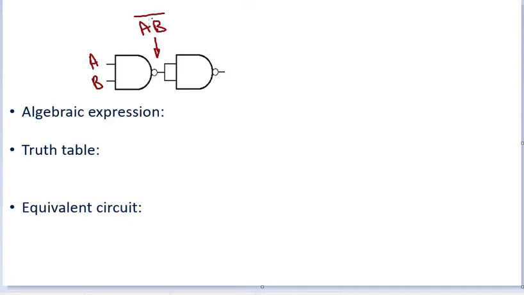So I've got A and B NOTted and A and B NOTted as the two inputs. So here I have A and B NOTted and A and B NOTted, all NOTted. So the dot here represents that they're ANDed together, and the whole thing is NOTted. So this is my algebraic expression for my output function Q, and my truth table will look like this.